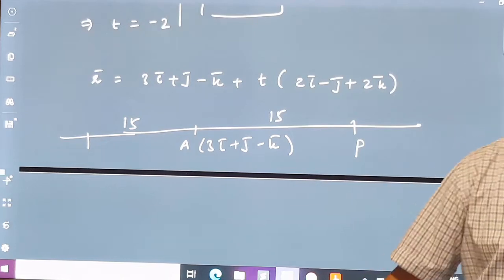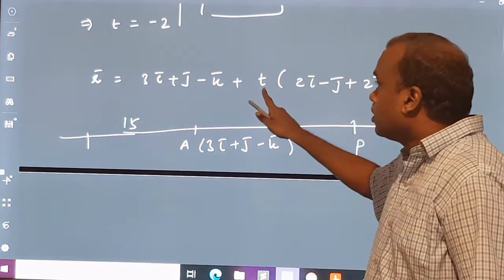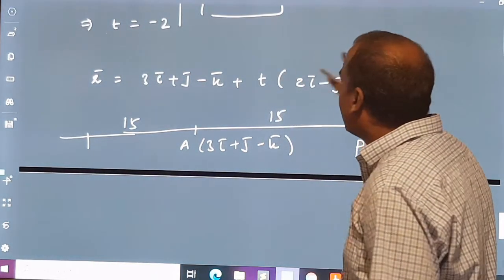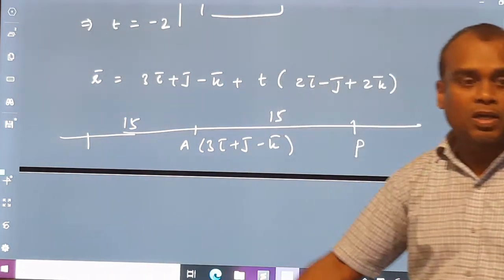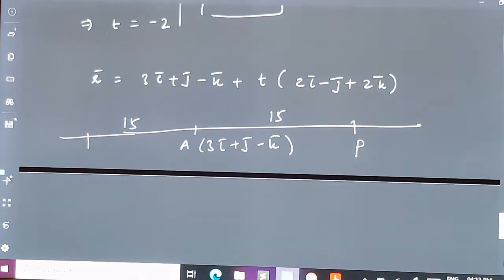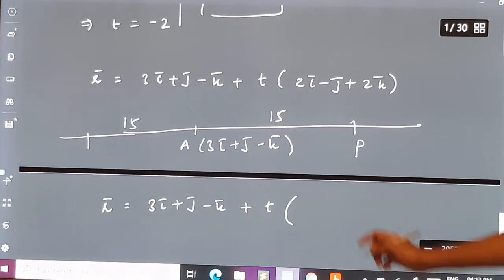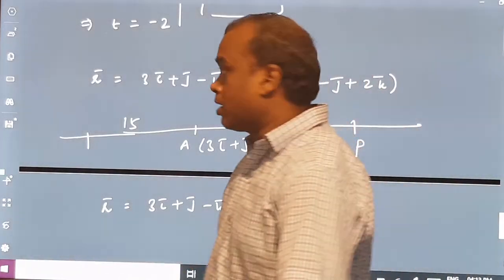And to find those points, what did I tell you? Give t equal to either plus 15 or minus 15, but keep this as a unit vector, I said. So we just do that. R bar is equal to 3I bar plus J bar minus K bar plus t into, I keep this vector as a unit vector.